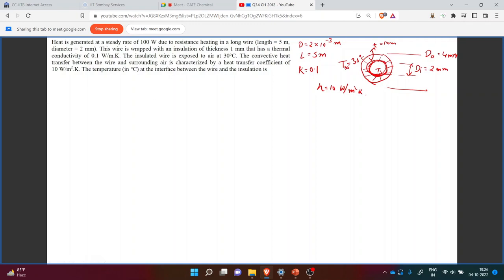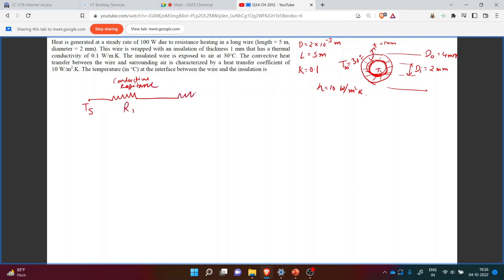Now let's draw the resistance diagram. So if Ti is the temperature of the wire, the temperature of the wire will remain uniform, so it will be the same at the surface. So let's just call it Ts. So throughout the wire the temperature will be Ts, and then we have the insulation, and due to insulation we will be having the conductive resistance, that is R1.